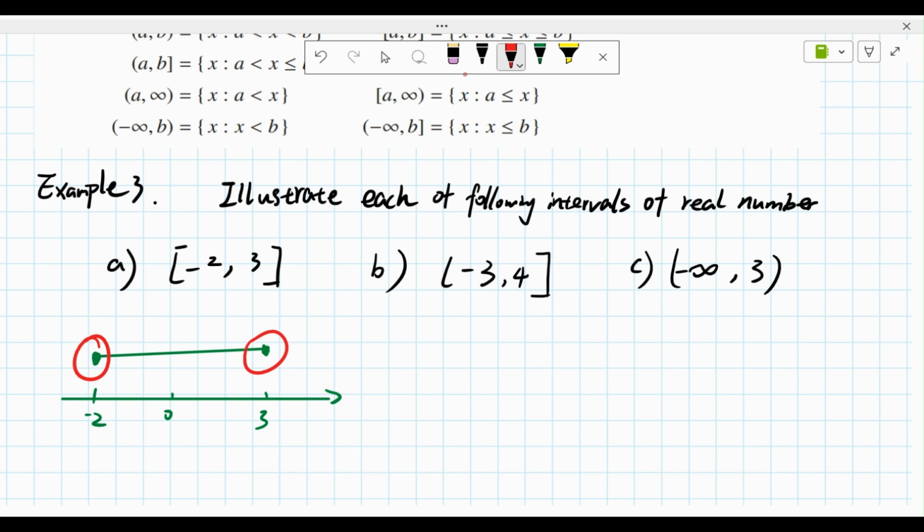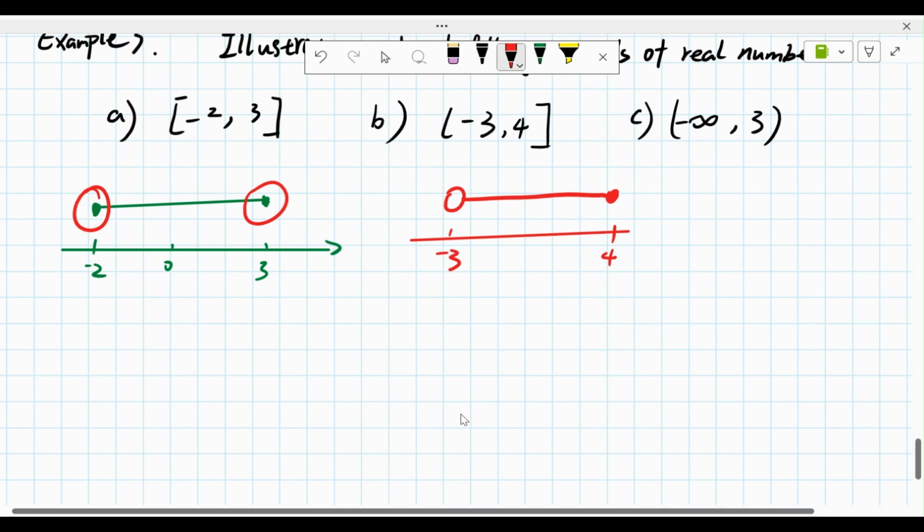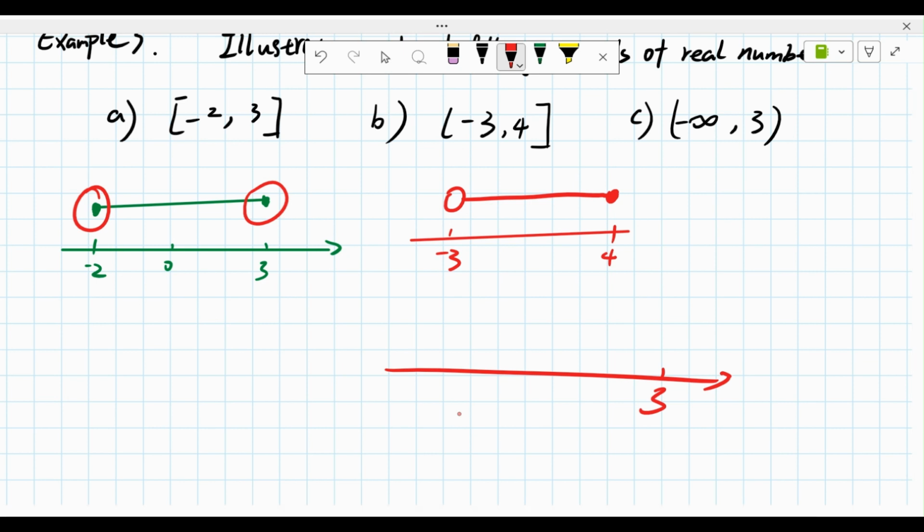And sometimes you will have B from negative 3 to 4. So you have an open circle, you don't have to draw it that big, by the way. The open circle means you're not equal to it, okay? Just in case. And the last one is negative infinity to 3.